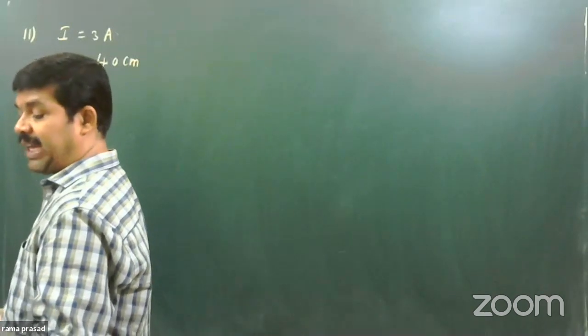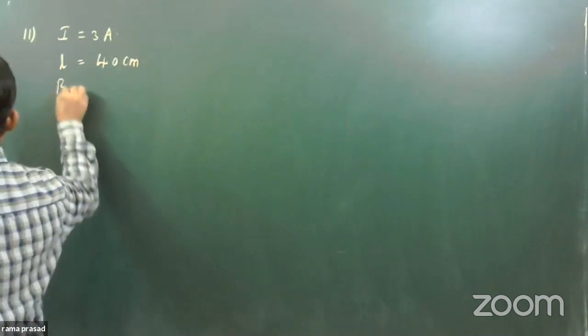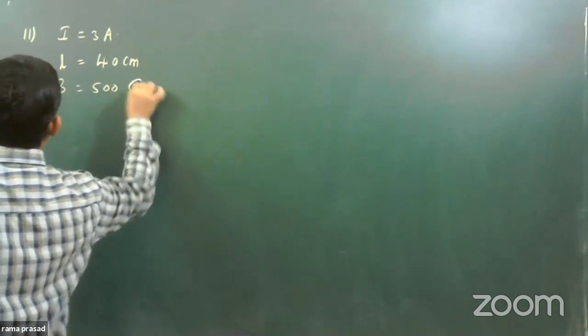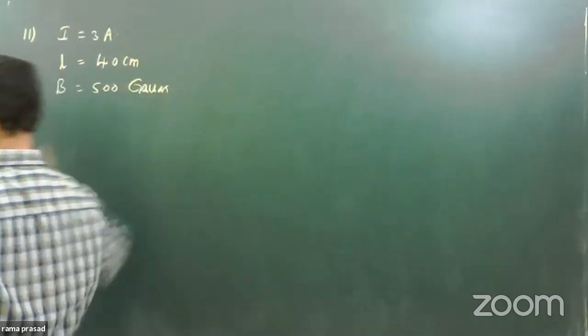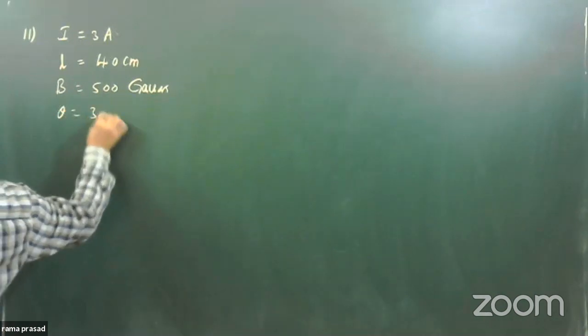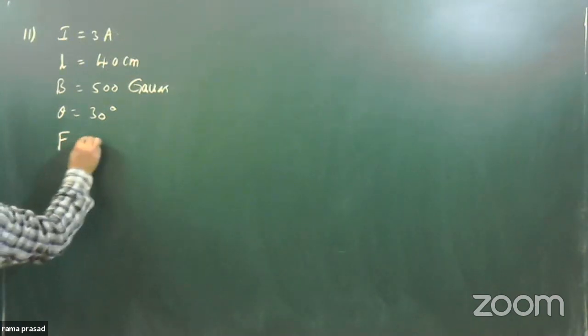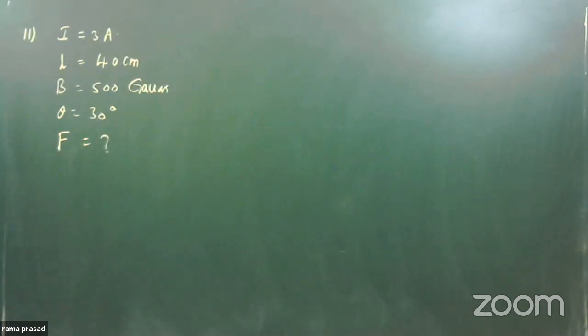The conductor is placed in a magnetic field of strength 500 Gauss and makes an angle of 30 degrees with the direction of the field. What is the force acting on it? That is the problem.